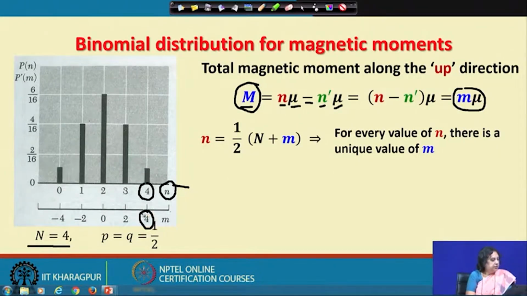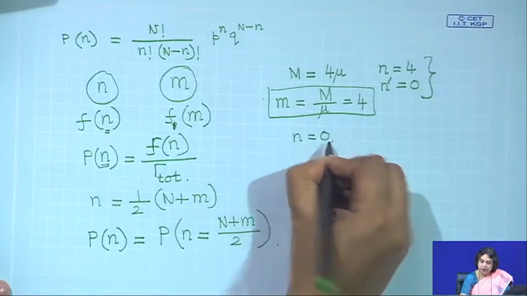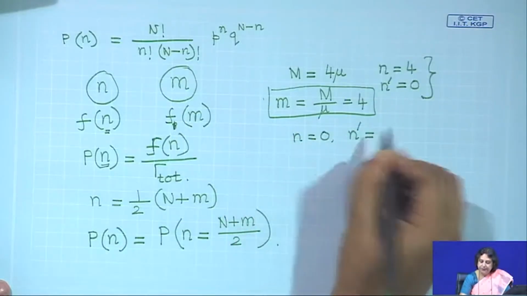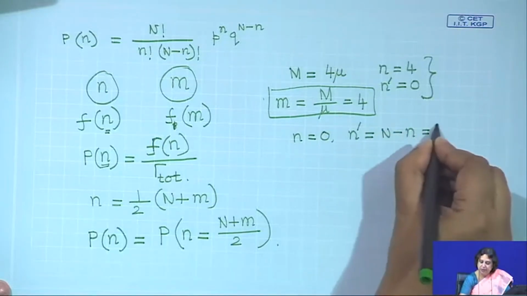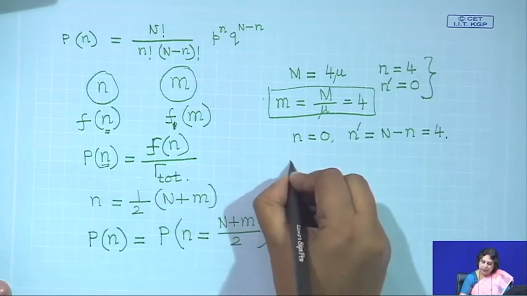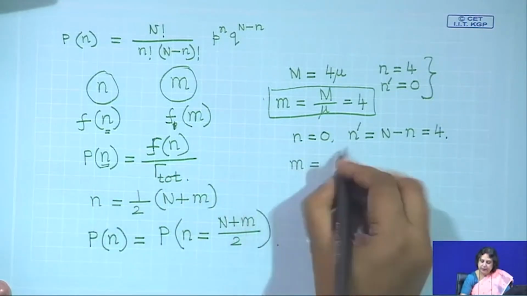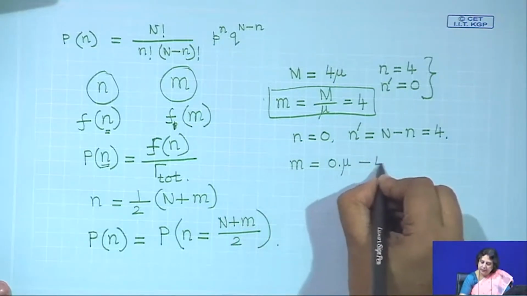Similarly, if I look at the case where small n is equal to 0, what is the corresponding value of capital M? When small n is equal to 0, obviously n prime, that is equal to capital N minus small n, must be equal to 4, because capital N is equal to 4, and therefore, capital M is going to be 0 into mu minus 4 into mu.